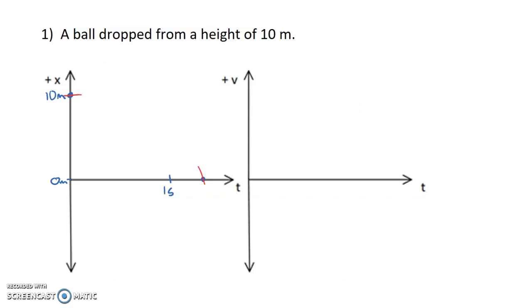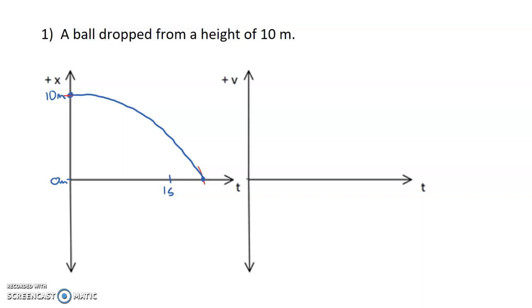So when I'm plotting this, it makes sense that we would see a parabola shape as this ball approaches the ground. It's going to get steeper and steeper as it gets to 0, and that's representing the speed in the downward direction.